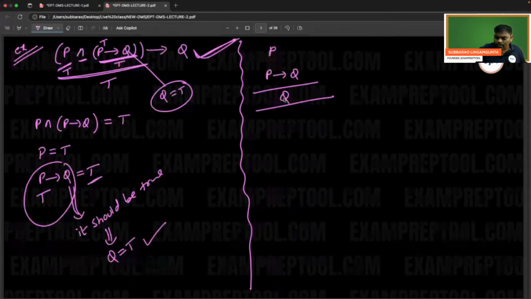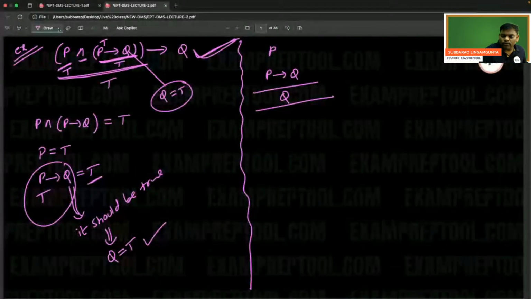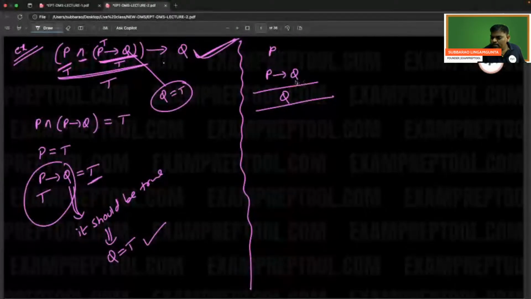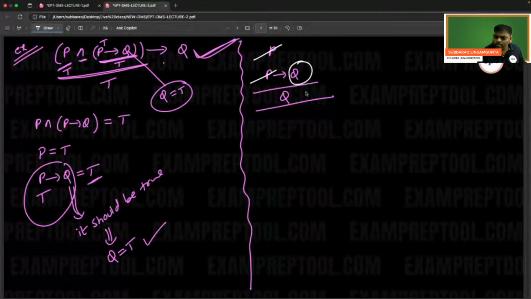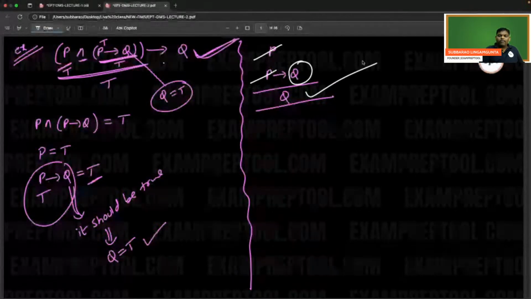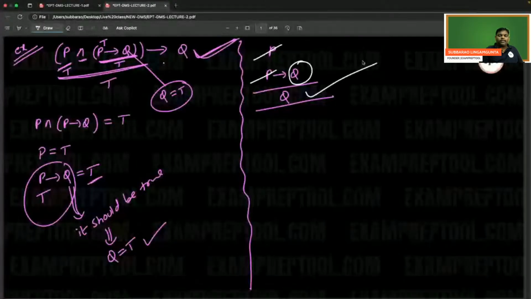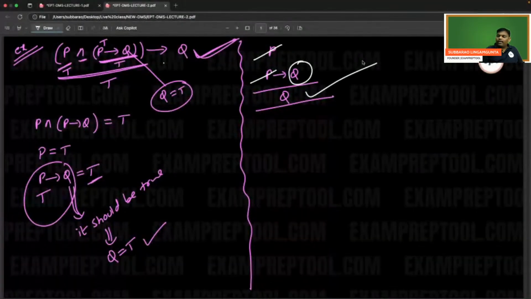Some people are asking if it is valid. Sir, it is already valid. And there is a shortcut also. P and P implies Q: the shortcut is you can cancel these two P's. Then the left out part is Q. That is the answer. Remember this particular property.